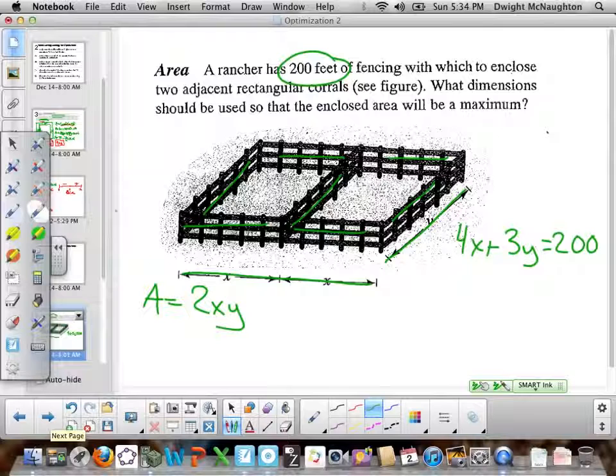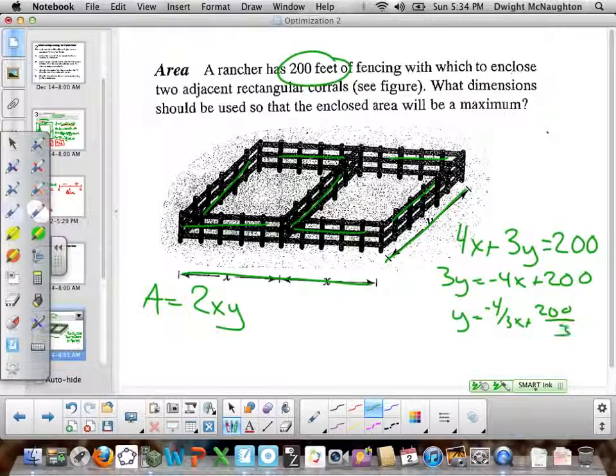It's going to be easier to solve for y. We'll get fewer fractions. So we got 3y equals negative 4x plus 200. Divide by 3, y equals negative 4 thirds x plus 200 thirds.